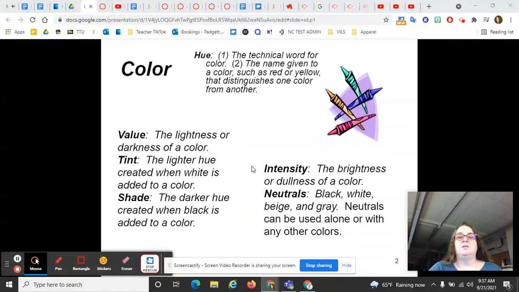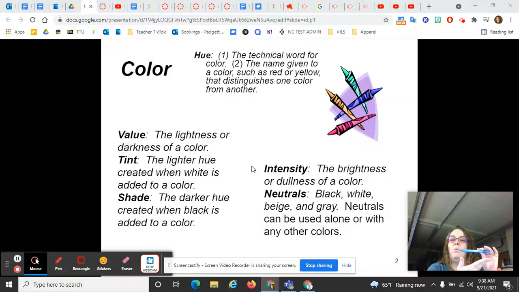So, first off, we use the word color and have since we were small children in elementary school. When someone says, "Oh, what color is this?" you would automatically respond, "Blue." However, the technical name for a color is hue. So you wouldn't say, "What color is this pen?"